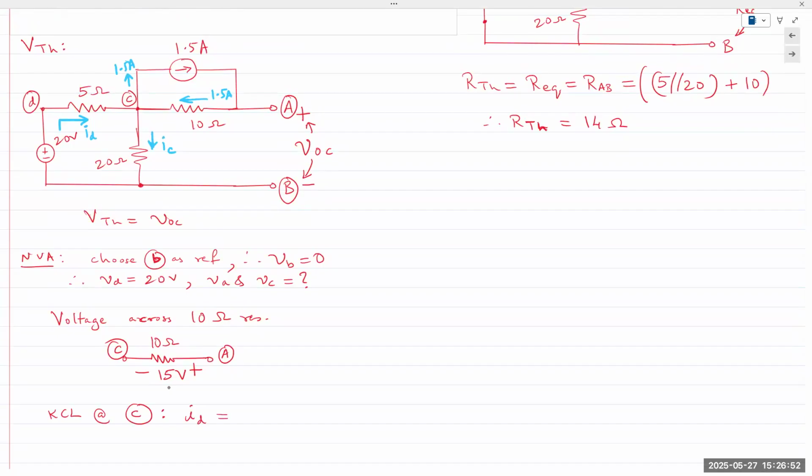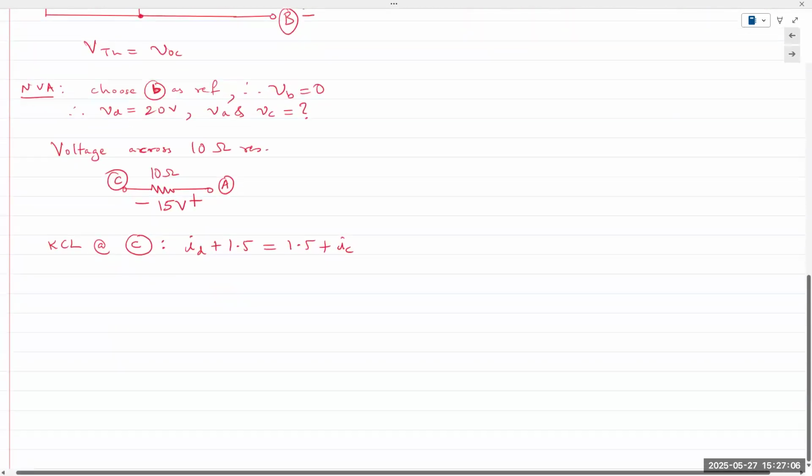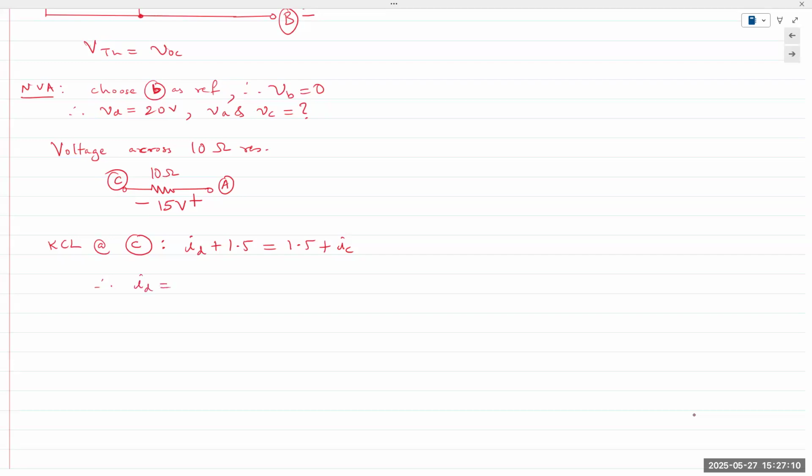Actually, technically, the equation would be ID plus 1.5 equals 1.5 plus IC. Right? Technically, that would be the correct equation. Two currents coming in, two currents going out. But the end result is that ID is equal to IC.